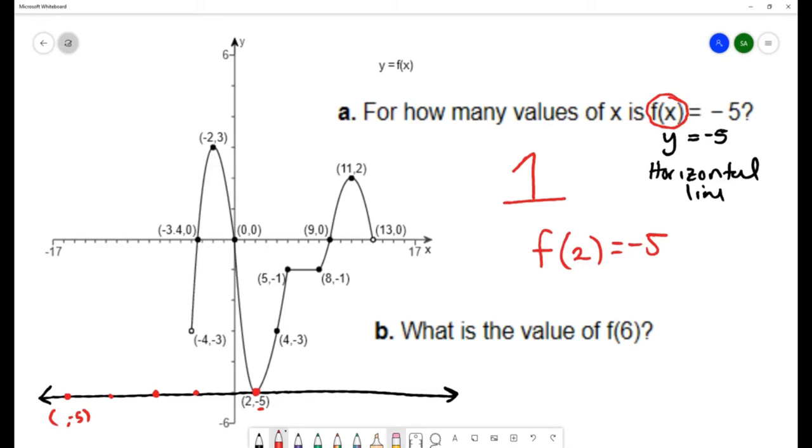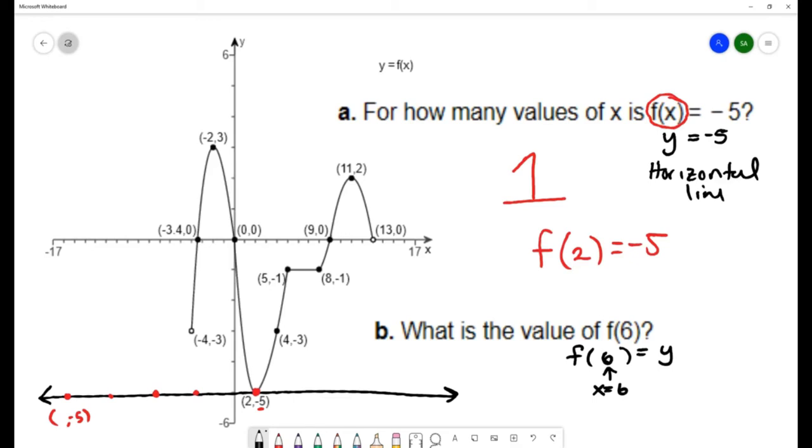Then the second part says, what is the value of f of 6? f of 6, when we look at these symbols, what we should realize is that the number in the parentheses is the value of x. So we know that x equals 6. And f of 6 is referring to the y.